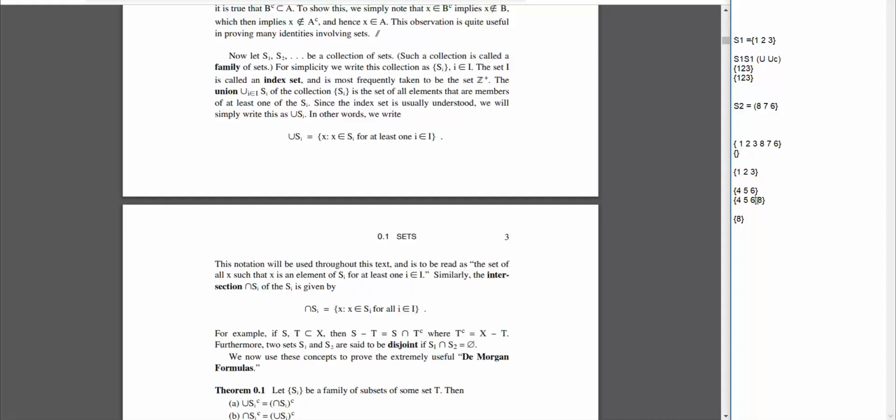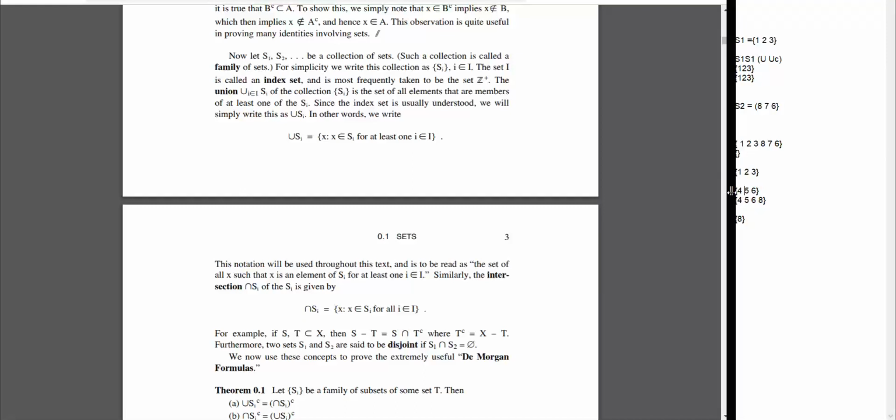Because for the intersection not to be an empty set, you need shared elements. A disjoint set, like we have here, S1 being 1 to 3 and S2 being 4, 5, 6, would yield an empty set because they are disjoint.